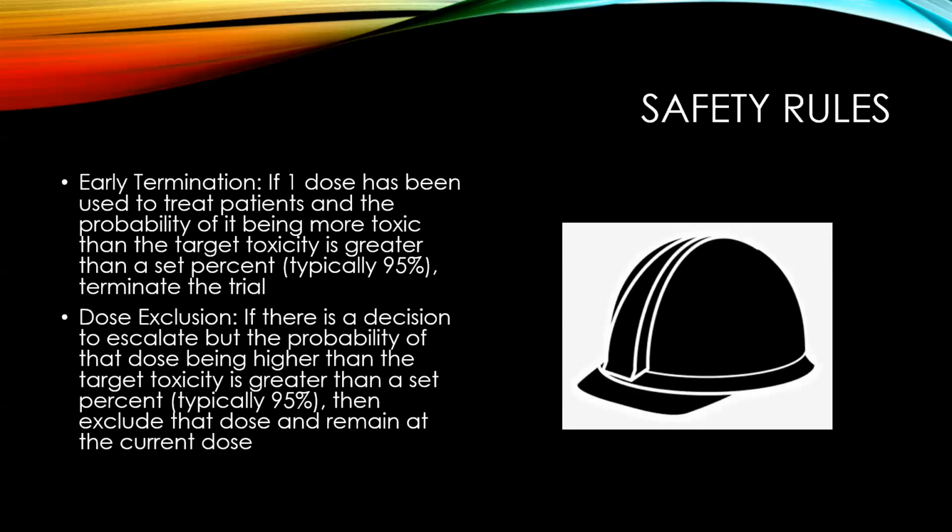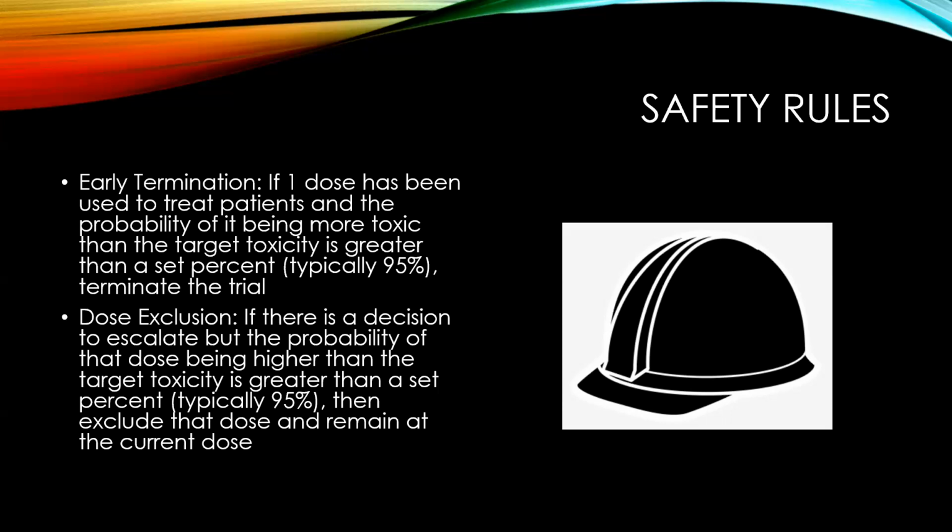So a couple other things with the mTPI, we're going to implement some safety rules to prevent dosing at an overly toxic level, as well as terminating the trial early when the first dose is too toxic.